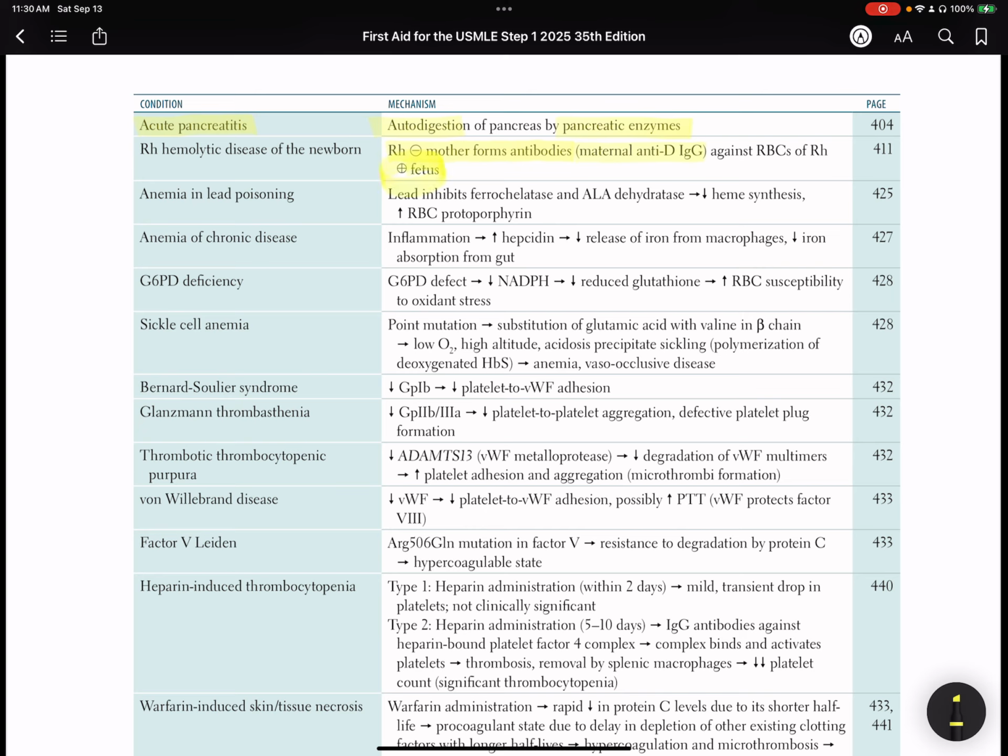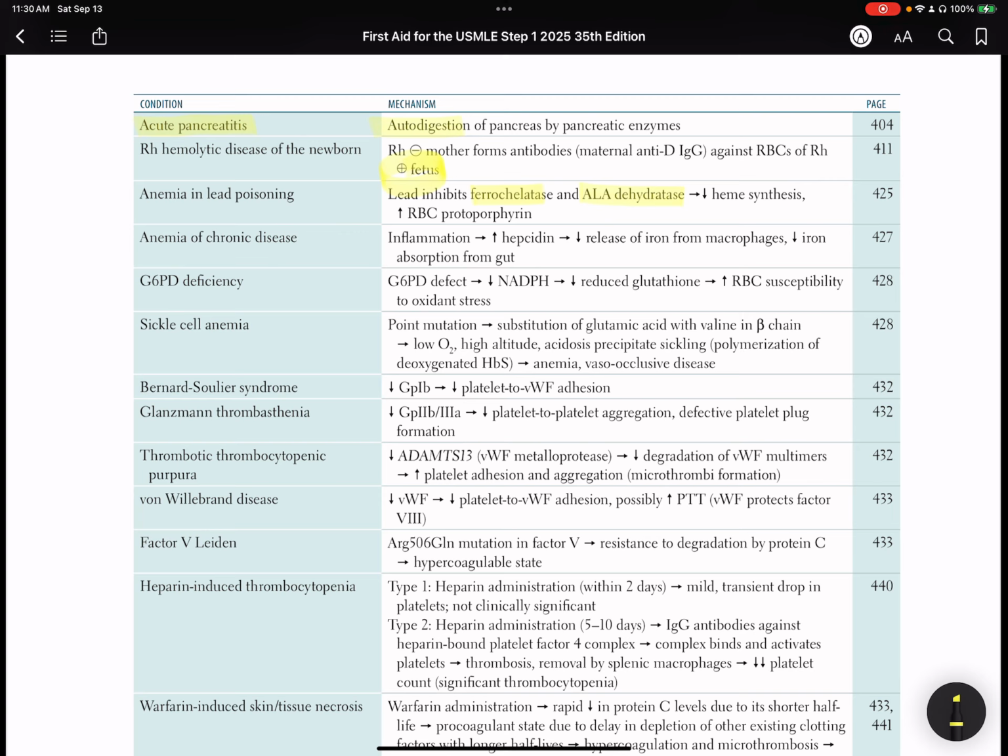Next condition, anemia in lead poisoning. Anemia in lead poisoning is because lead is a metal. Lead inhibits ferrochelatase and ALA dehydratase.